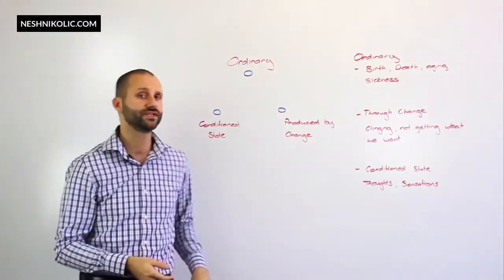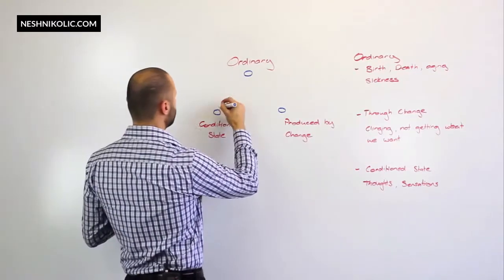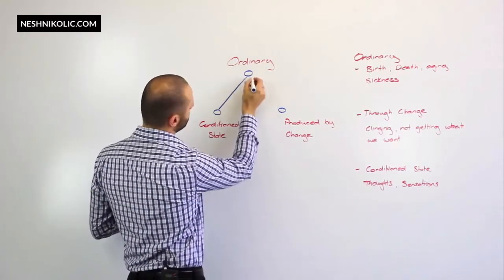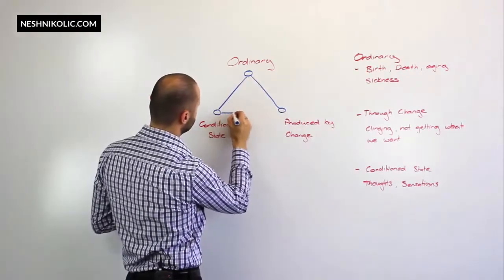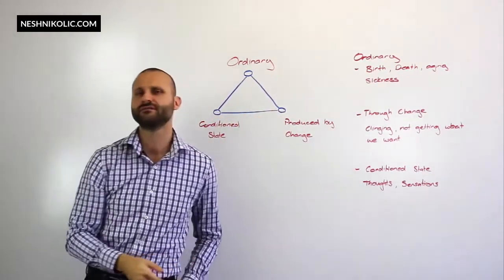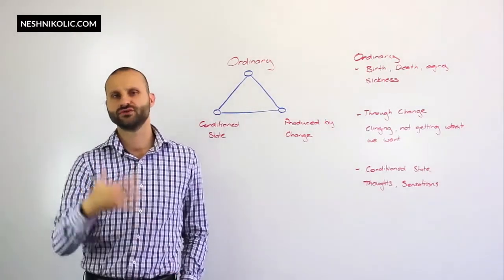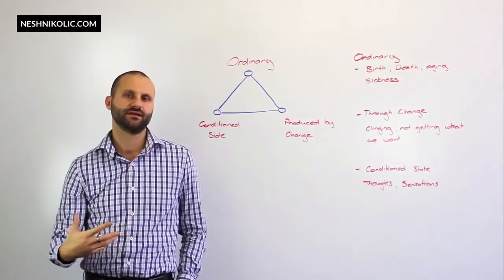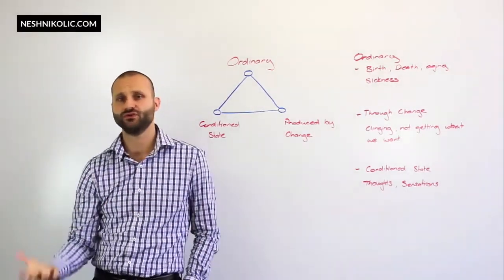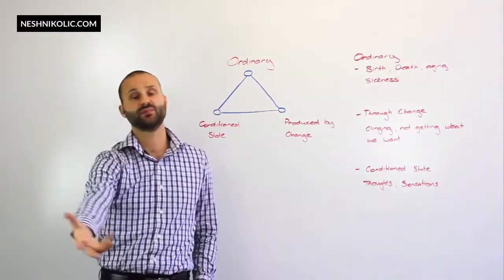So the way I use this with my clients is we look at where they are in this triad of pain, or this triad of discomfort. Is that ordinary discomfort? Is that something that comes from being sick, medical issues, the aging process, or does it move across to those things that change? So losing a job, losing a partner.